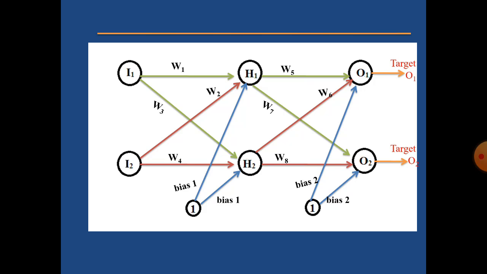These synaptic weights are taken with some random values. By taking random values, we calculate the actual output O1 and actual output O2. That actual or calculated output is compared with the desired output O1, or target output O1, and desired output O2, or target output O2.